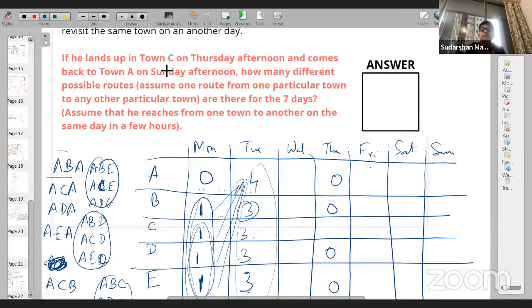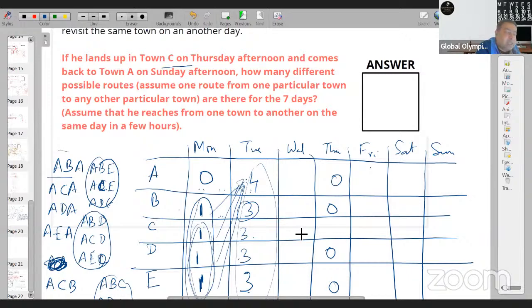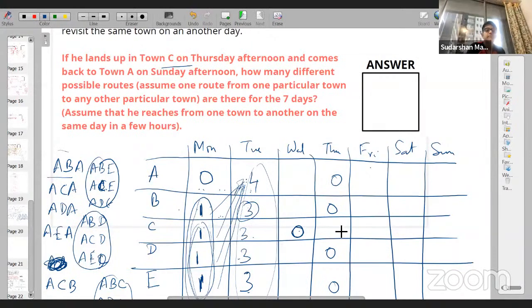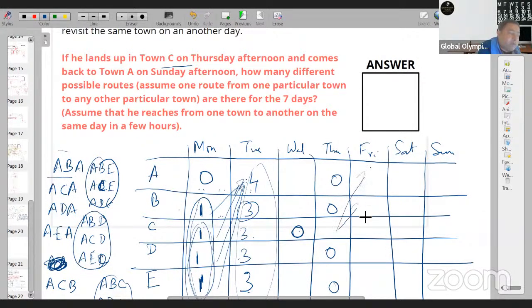Because Thursday afternoon he reaches town C, at the same time he cannot be in town C on Wednesday afternoon, because how will he come from that town to that town itself? Correct? So this one will be 0. And because he moves out to all different directions on the next day, he can't be here, so a 0 will be here also. So before and after, both 0.